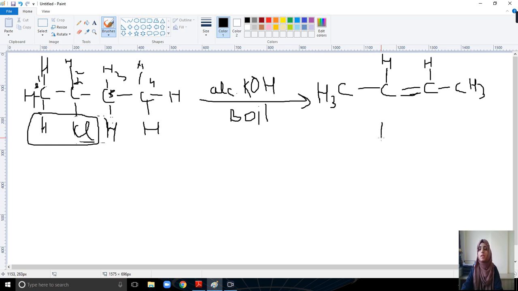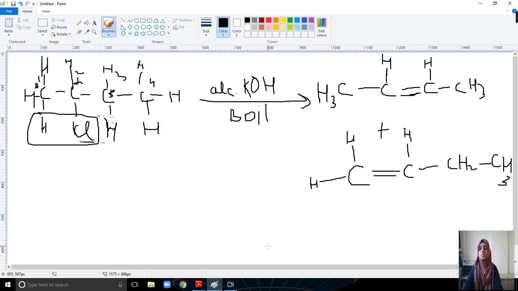So the product we obtain is CH2: on the first carbon, hydrogen is removed, so only 2 hydrogens are left, H and H. On the second carbon atom, chlorine is removed, so only 1 hydrogen is left. The third carbon is left with 2 hydrogens, as it is. The fourth carbon as it is. So this is the other product. Now the double bond is forming between carbon number 1 and 2.